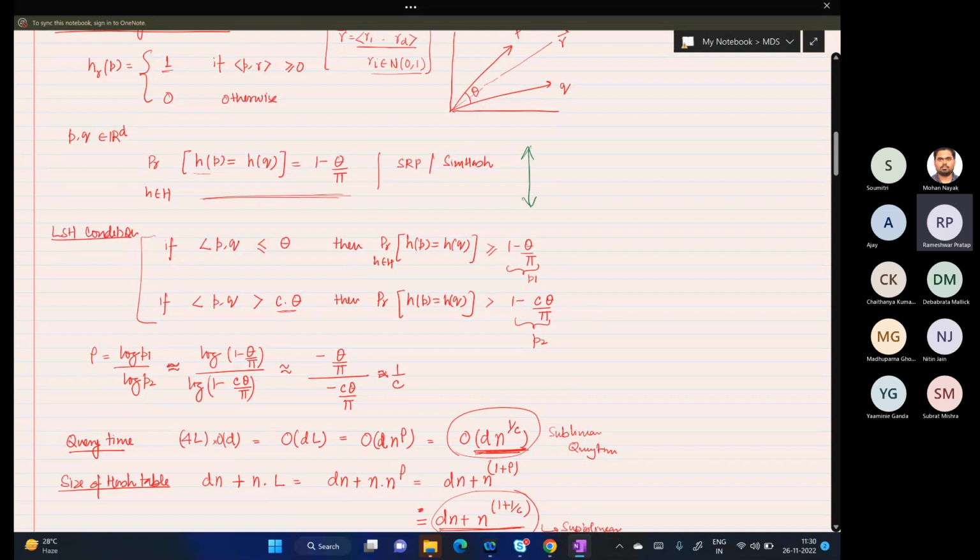So here the probability that h of u is equal to h of v is the Jaccard similarity between u and v, and if the Jaccard similarity between u and v is smaller than some parameter s, then the probability will be at least 1 minus j. Similarly, here it will be 1 minus c into j, and again the same calculation will follow. Is it easy to see, or should we quickly do it just for the sake of completeness?